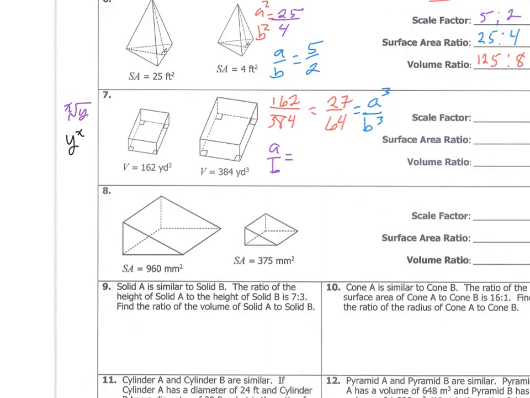Do you see that above this key? So if I want to find the cube root of 27, on your graphing calculators, it's probably under your math button. Okay. So then you're going to put in 3. So you put in your root first, 3, then hit second y to the x button.